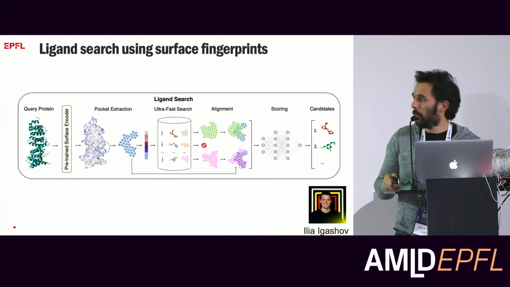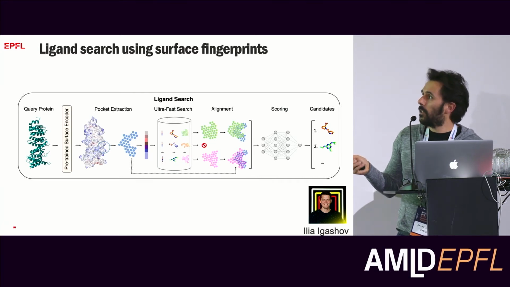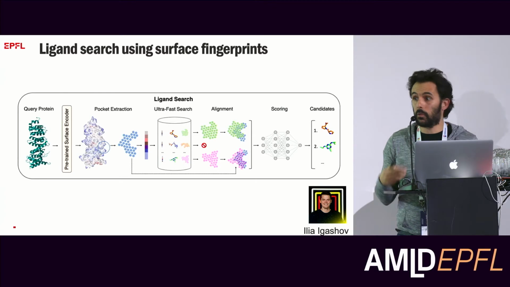Okay, and then also a new player coming into place, which is Helio, who is also here with us today. Helio started asking the question: can we actually use these surface fingerprints to start identifying potential new molecules to engage the surface sites in proteins?